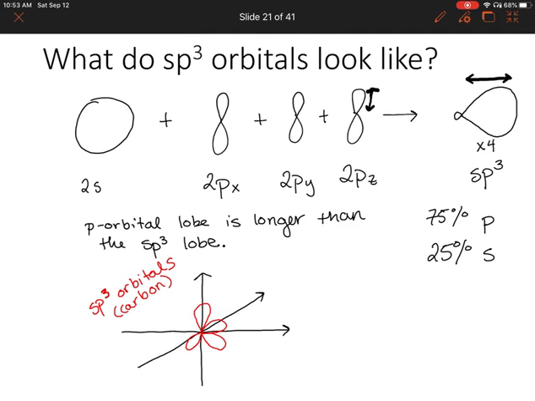Now, what's great is this is going to help us figure out how CH3 forms its bonds. So remember, hydrogen just has a 1s electron. So now if we pair those up with our sp3 electrons, we get our molecule. So each of these blue spheres is a hydrogen.